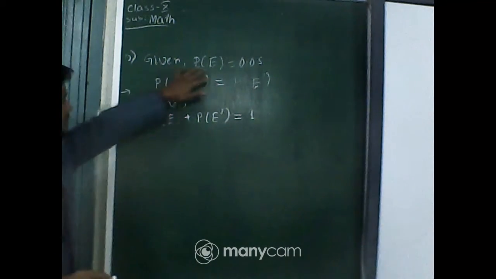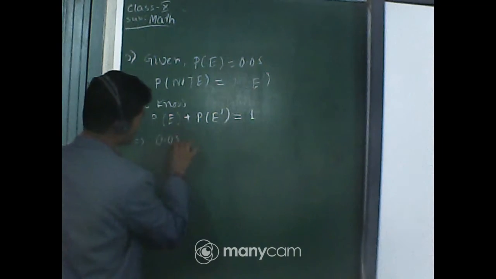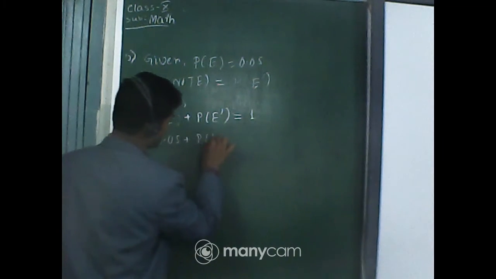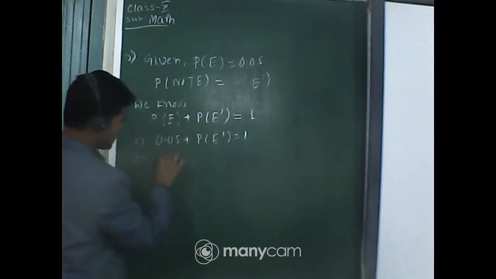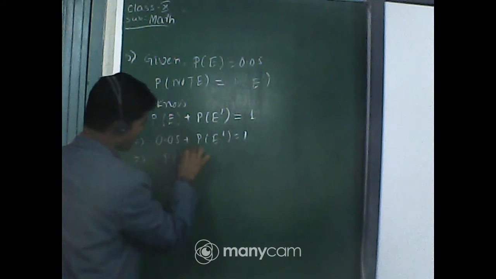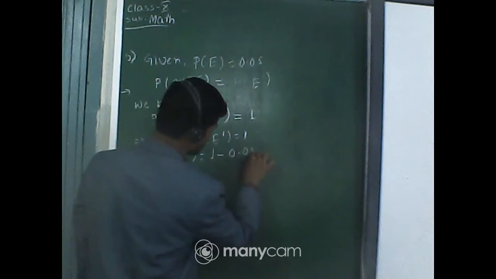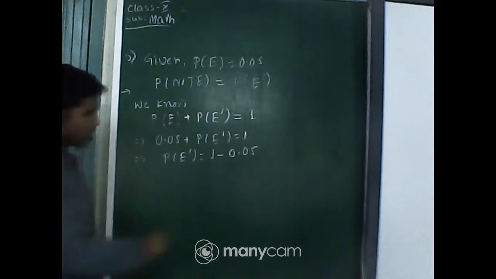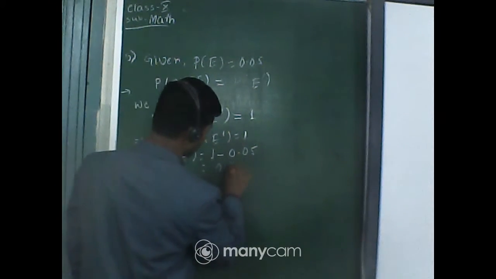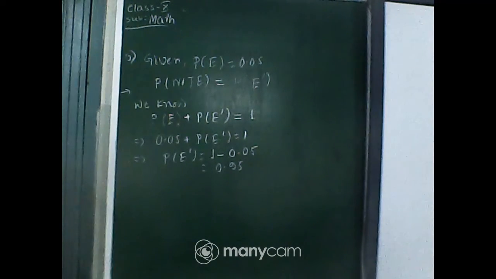The value of P of E is given, put it here, which is equal to 0.05 plus the probability of not E is equal to 1, which means the probability of not E is equal to 1 minus 0.05. Now subtract 0.05 from 1. Yes, the answer will be 0.95. So the probability of not E is equal to 0.95.